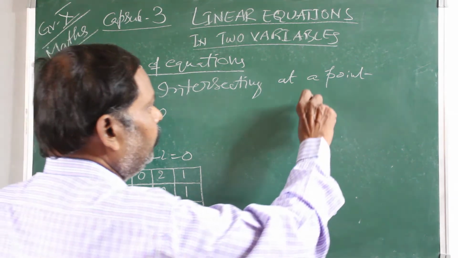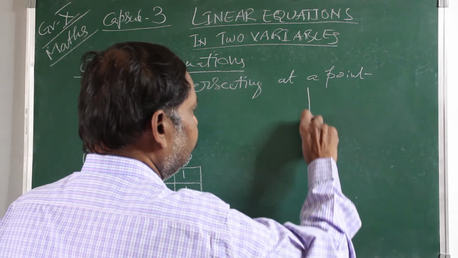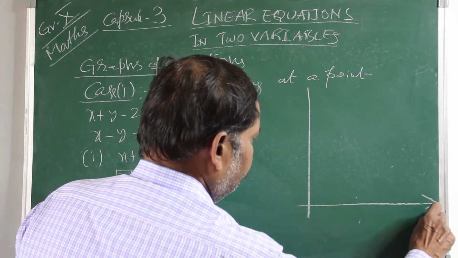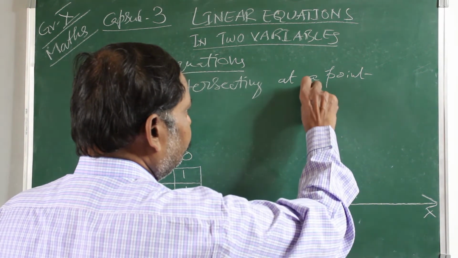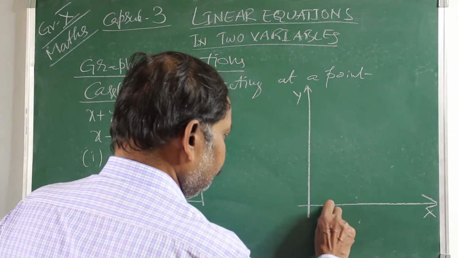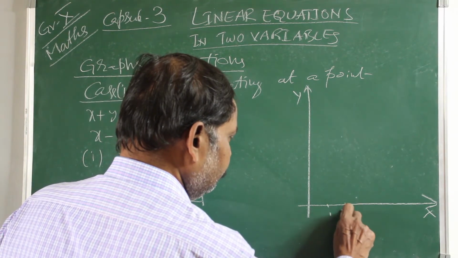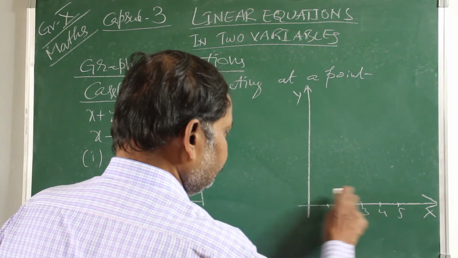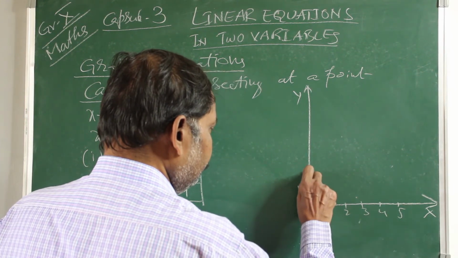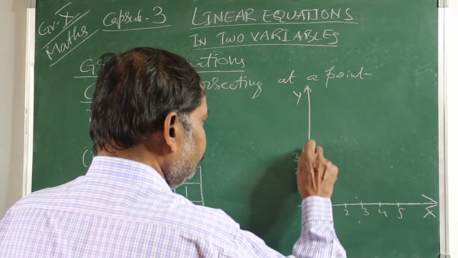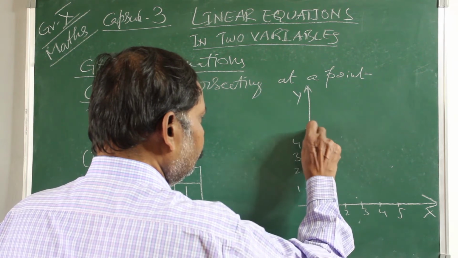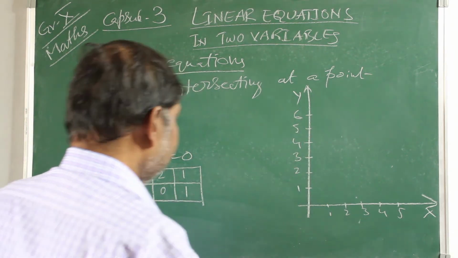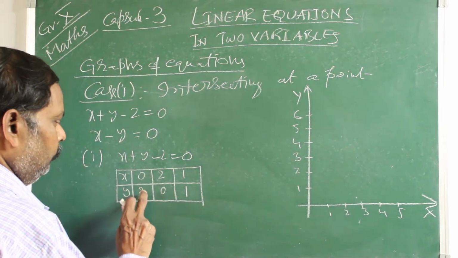And now let us plot a graph on this. X-axis, y-axis, 1, 2, 3, 4, 5, etc. 1, 2, 3, 4, 5, 6, etc. Let us plot these points. 0, 2.